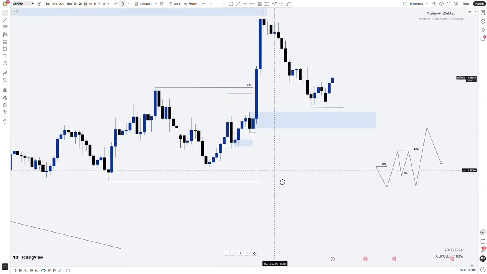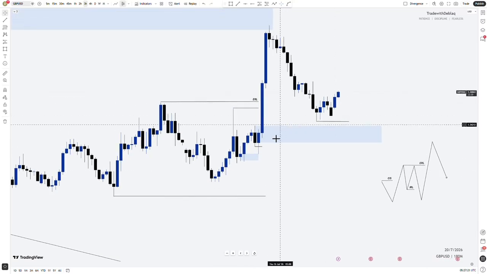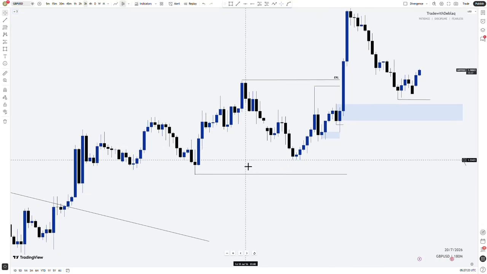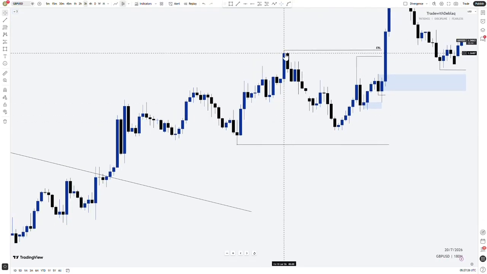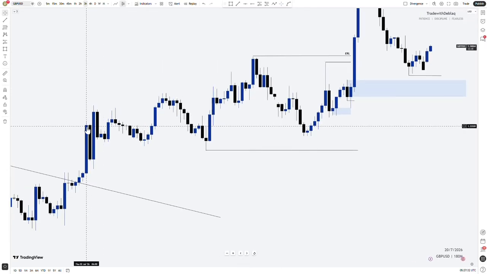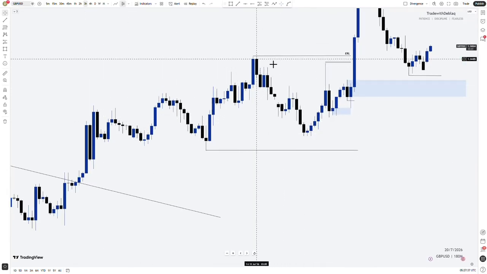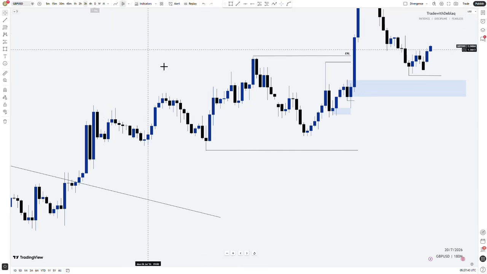But with what 4 hour is doing and with what I'm saying, I don't want to, because I've tried to use all this logic to sell around these zones here. I continued to get stopped out because I was trying to follow the higher time frame rule.